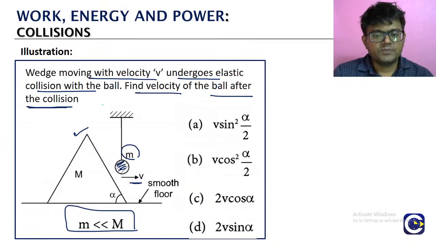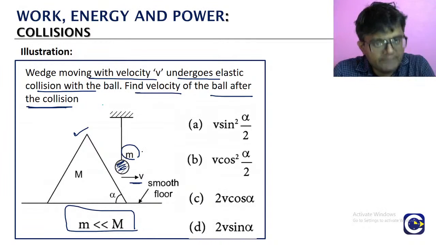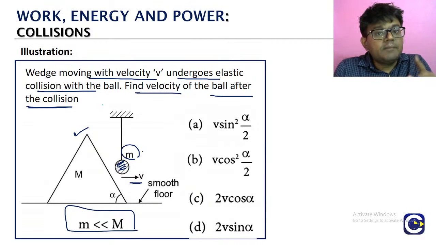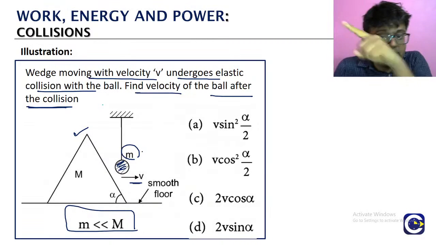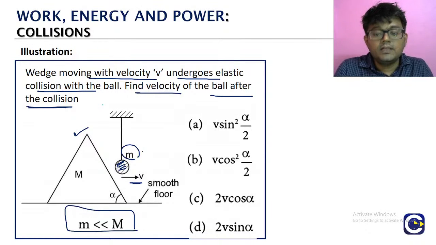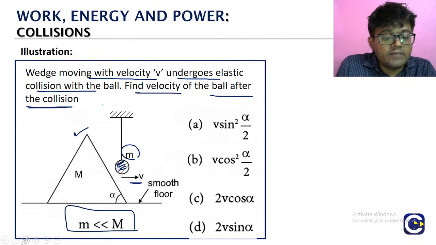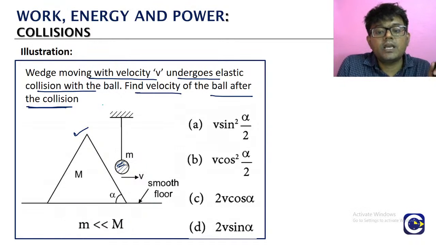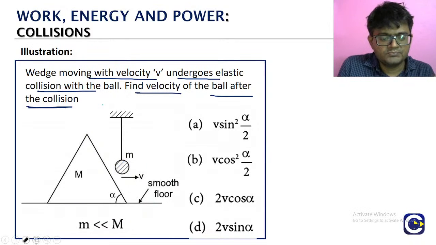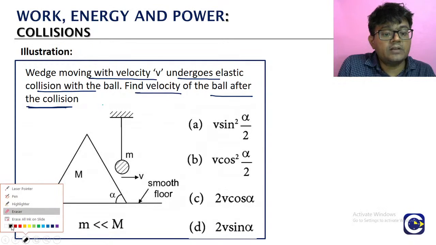When it has a collision, the impact of the collision will be only along the normal direction. So if it has some velocity after the collision, it will get the velocity along the normal direction.